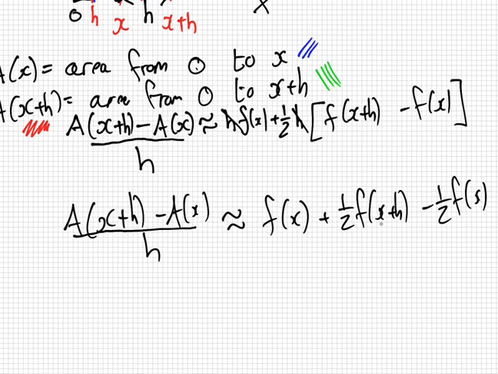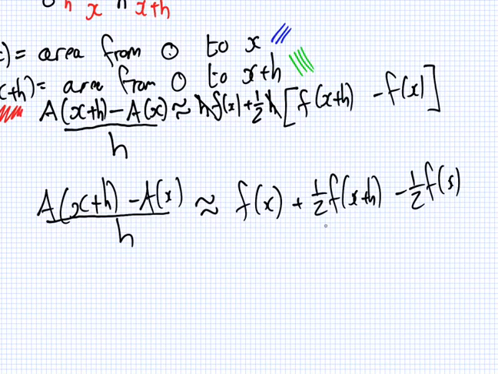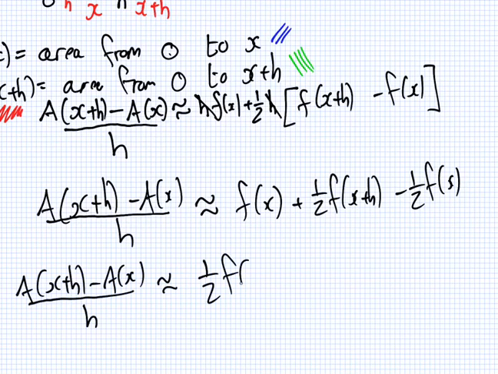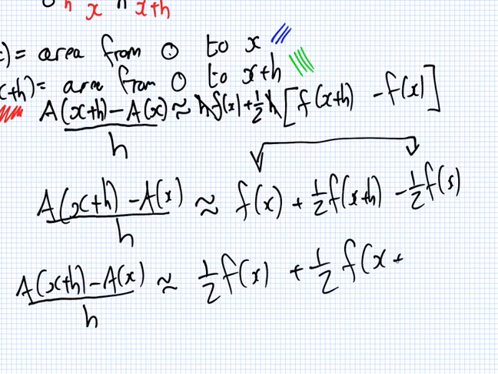Now you see that on the right you have two things that go together. It's roughly equal to a half f(x), because this one can go together with that one, plus a half f(x+h).